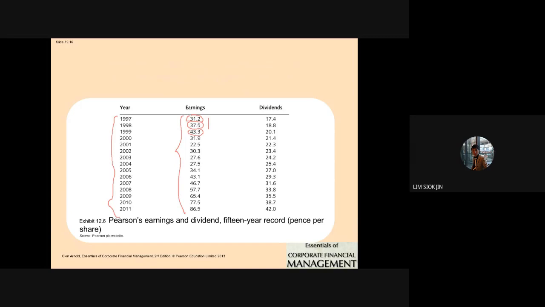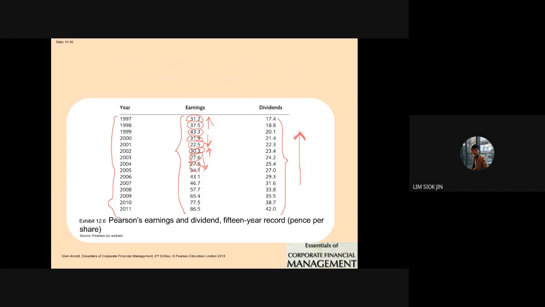So these are increasing. Then here, 31, 30, 22, this is dropping. And then now they increase again, and then they drop again. So the earnings go up and down, up and down. But if you look at the dividends of this company, what is happening? 17, 18, 20, 21, 22, 23. So it is always going up.